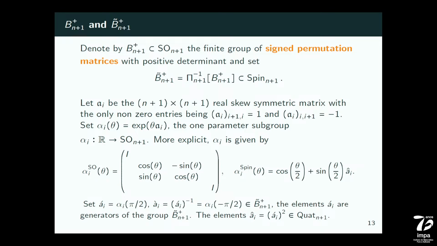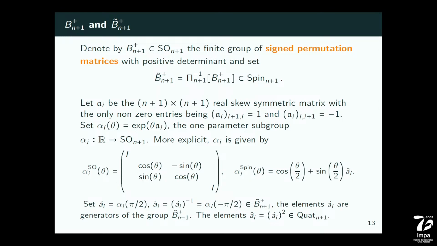So this acute a_i is alpha_i in pi divided by 2. And this grave a_i is nothing else than the inverse of the acute a_i, where these acute a_i are the generators of the group B_{n+1}^+ tilde.